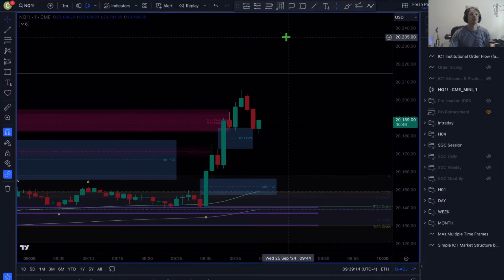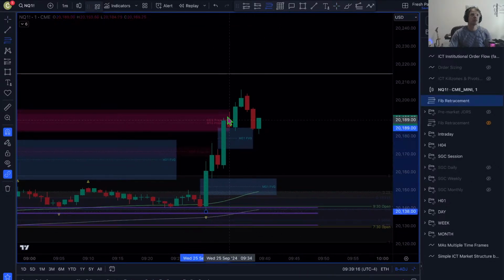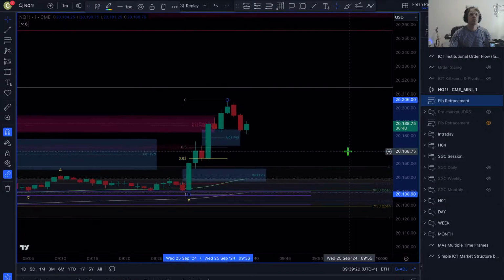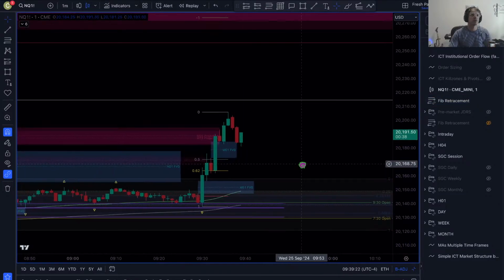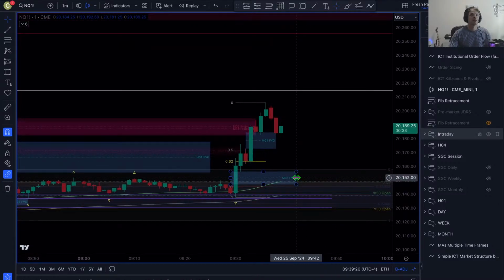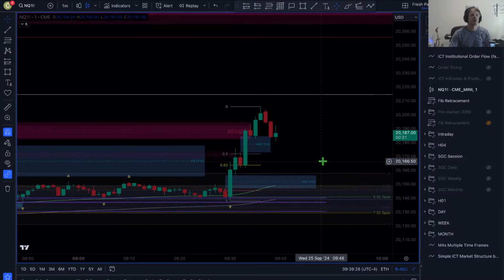You could almost play the retrace, but I wouldn't be too interested in that. It's definitely your current impulse here. Nice fair value gap down here.